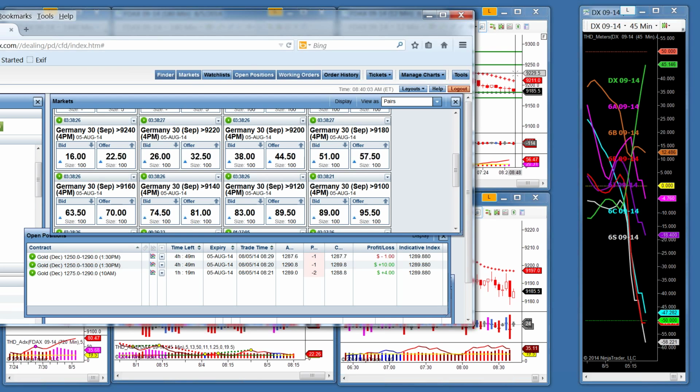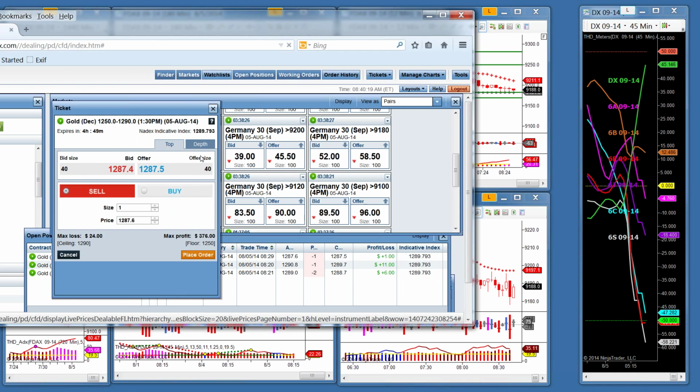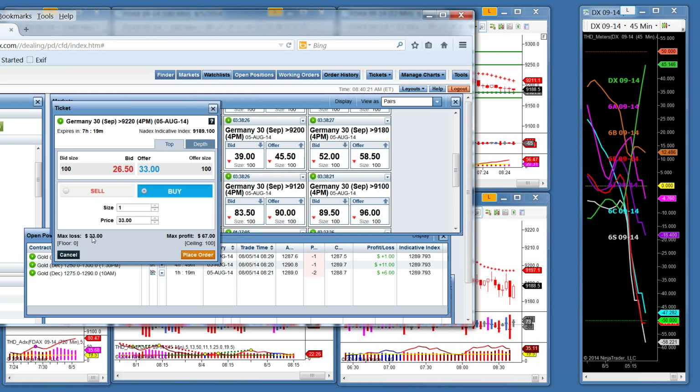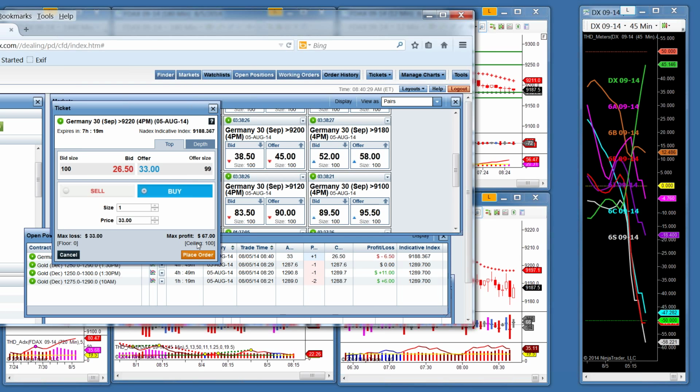So in this case, if I go up to 92.20 or 92.30, that is closer than 92.50, correct, guys? Okay, I've got one at 92.20. So I can actually buy that binary for $33 with the potential of making $67. And it has all day to do it. Okay?